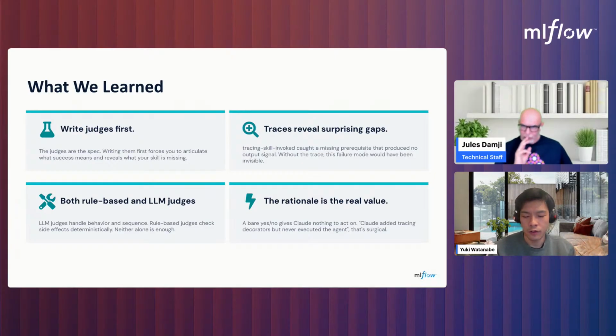But it's very easy to forget about that for the rule-based judges we build custom. If we define a rule-based judge function, it's always like, hey, we return true or false, and most of the time we don't write a detailed rationale in the result. But it turns out it is very important to make sure the rationale is also returned from the rule-based judge, so that the coding agent can take action based on that.